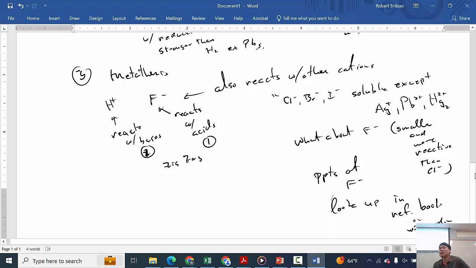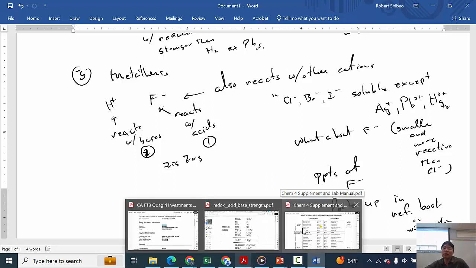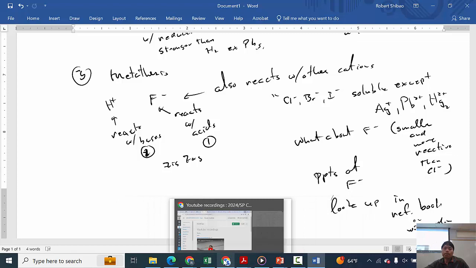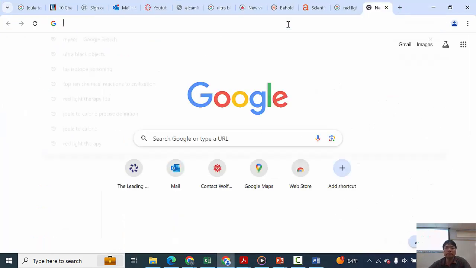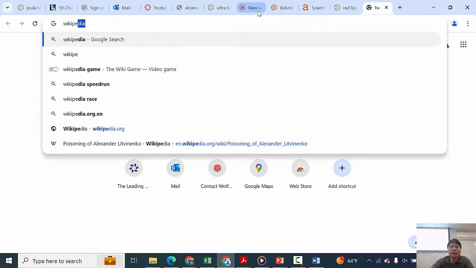Except the problem is if you want to look it up in a reference book like CRC or Merck, which has good data, it costs money. If you want something free, then Wikipedia. And the scientific information, the physical properties data, is pretty decent from what I found.